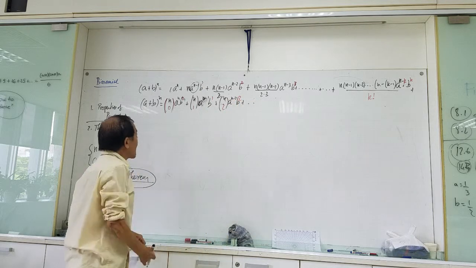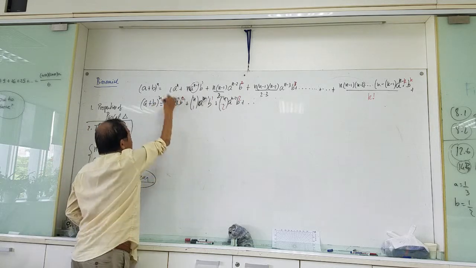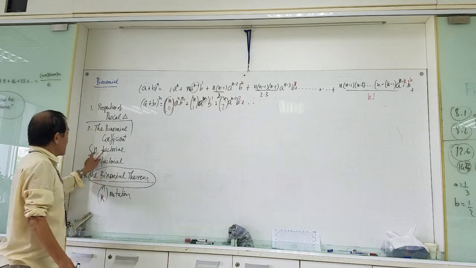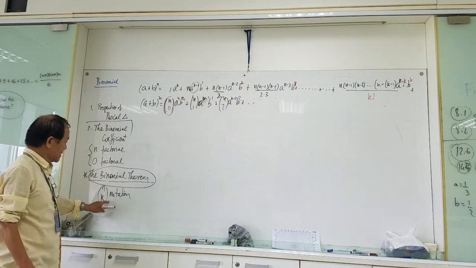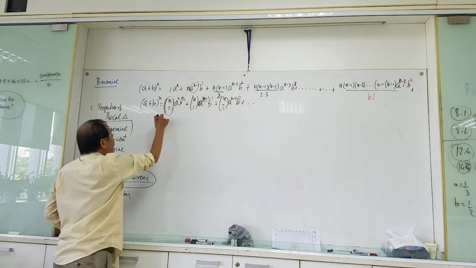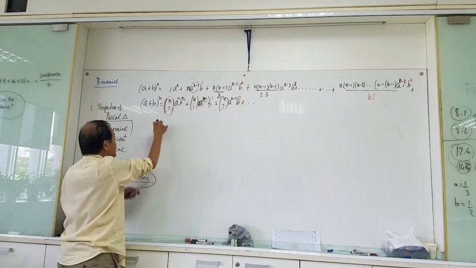Okay. So now next one, what does this mean? We start with the notation here. So I have n choose k. What do we mean by this?